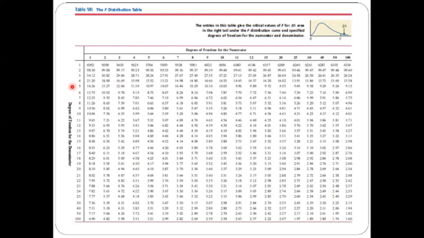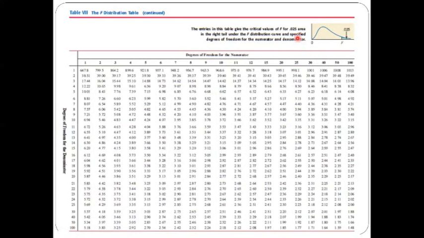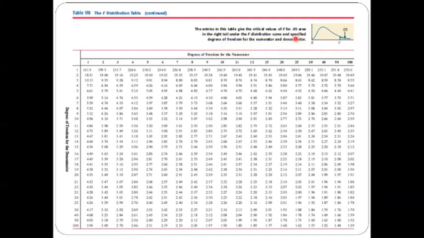So we have four tables. The first table is for the 0.01 critical values. For the next, we are given the 0.025 critical value. Later I will show you how we solve this. It is the same as the other distributions, but the approach is a bit different because the table is different. Next, we have the table for 0.05.